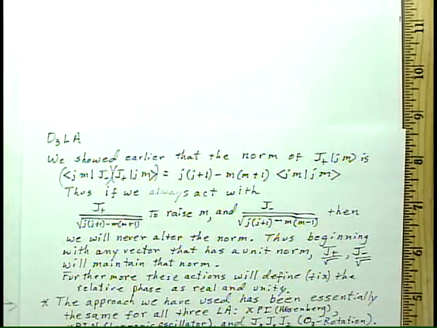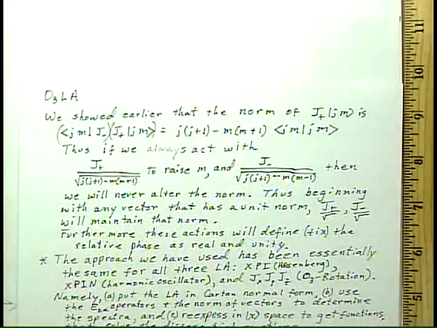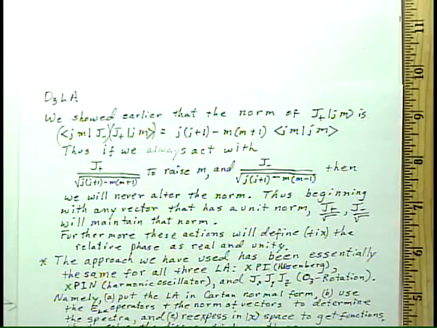Well, the approach that we have been using is essentially the same for all three Lie algebras: the x-p-i algebra, which is the Heisenberg algebra, the x-p-i-n algebra, which was the harmonic oscillator, and the Jx, Jy, and Jz algebra, or the O3 algebra for the rotation group.